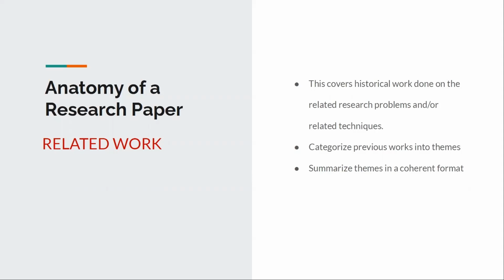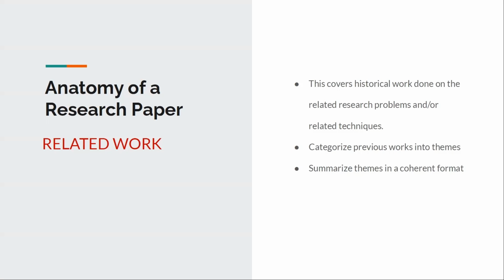If you're trying to bring in a new solution, you will talk about whether there's an existing solution that relates in some way to your solution. And when you're talking about historical works, depending on the field, there could be multiple research papers or multiple solutions in that field already. You will have to summarize as well as categorize these previous works and present them in an organized way.